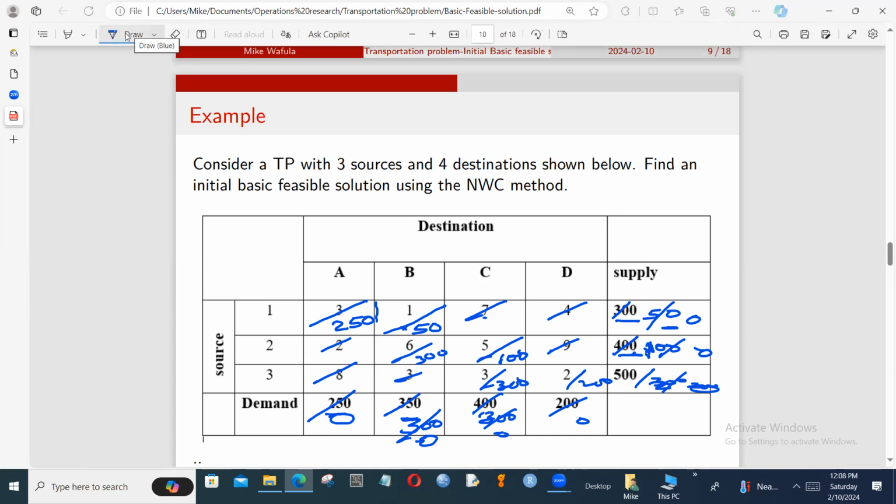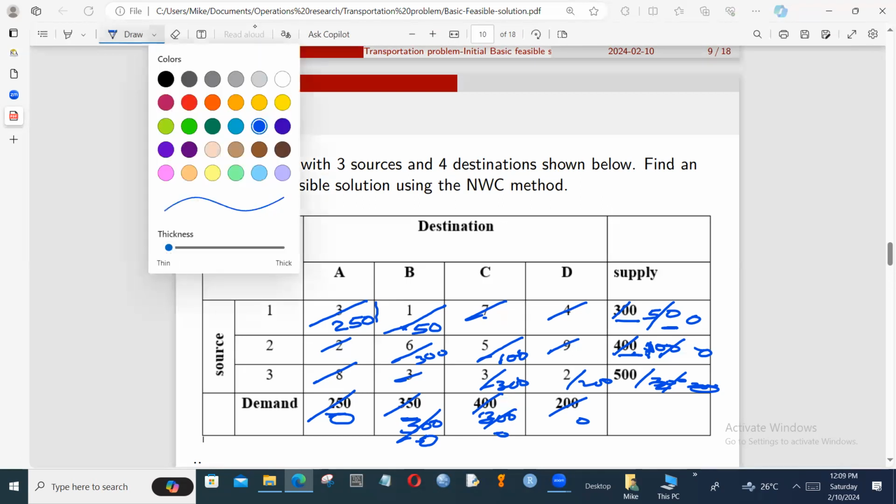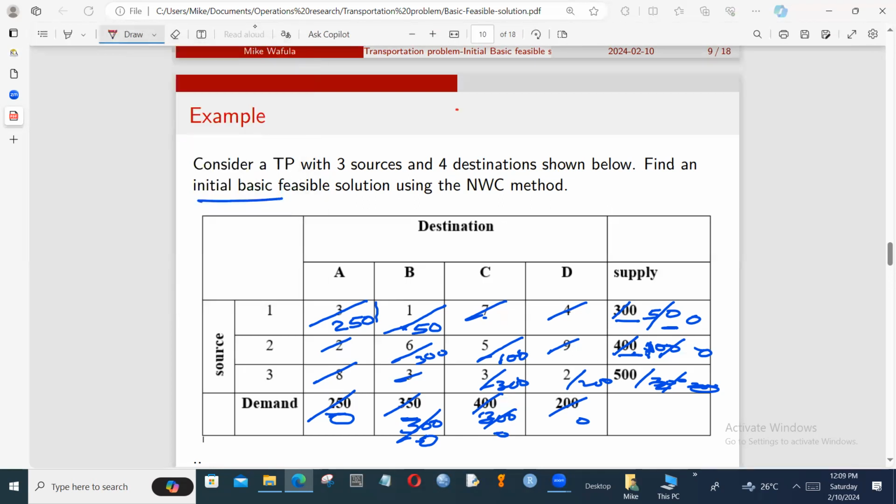So that means now, for us to find an initial basic feasible solution, which is actually the cost. This initial basic feasible solution determines the initial cost that we can use to transport. When you look at cell 1, the cost of transporting a single unit from source 1 to destination A is, let's say, 3 shillings, and you have assigned 250 units.